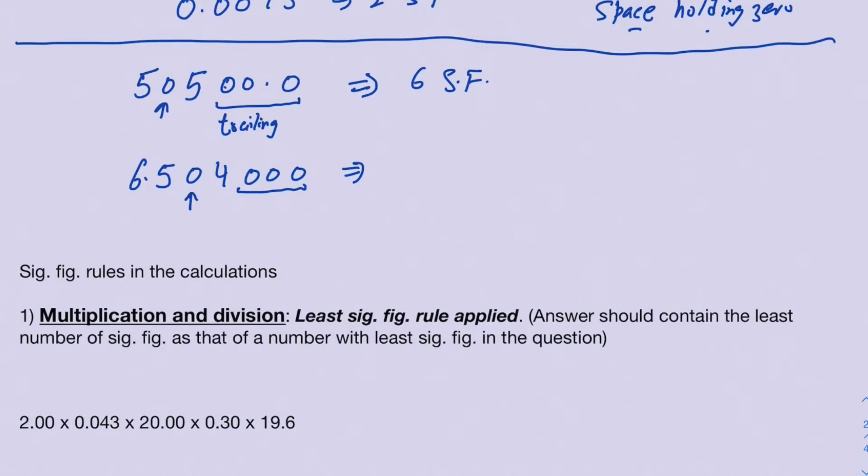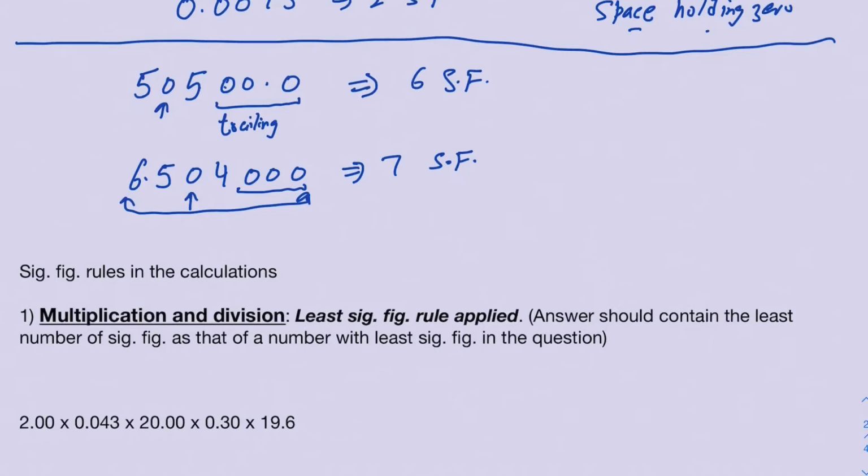Keep in mind the decimal does not necessarily need to be right before the zeros. It could be anywhere in the number, and that satisfies the requirement that these are trailing zeros in the presence of a decimal. So everything counts as a sig fig, which means I have 7 sig figs in this case.